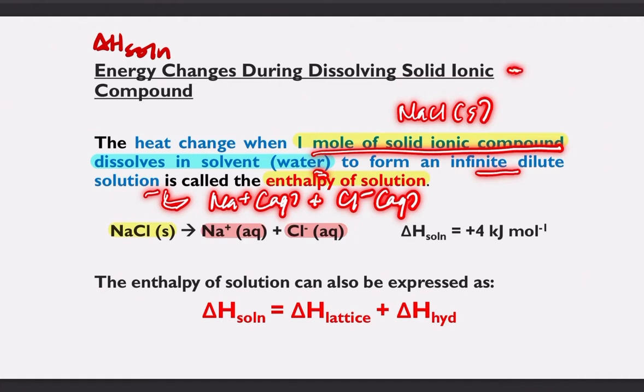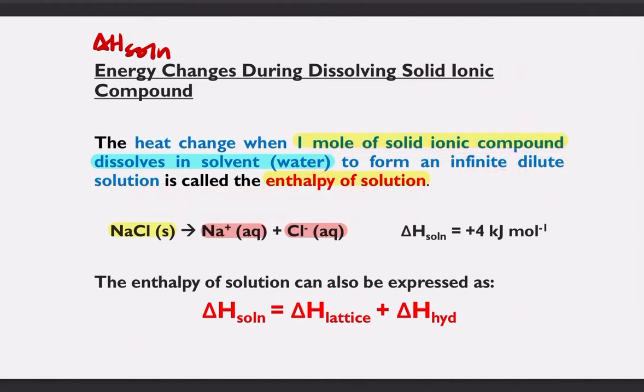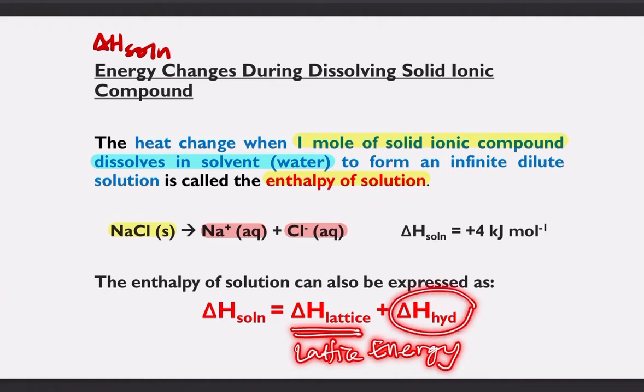It does not actually directly form your aqueous ions. So delta H solution equals delta H lattice, or lattice energy of dissociation, plus delta H hydration. When you already have your gaseous ions, you turn them into aqueous ions.